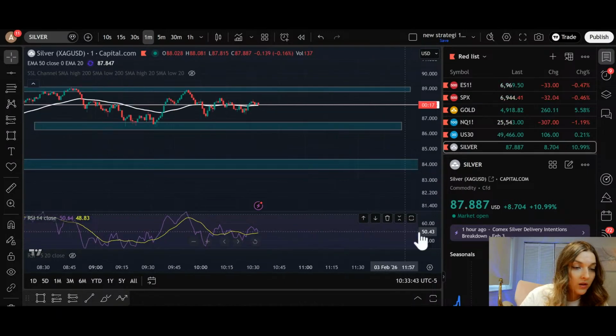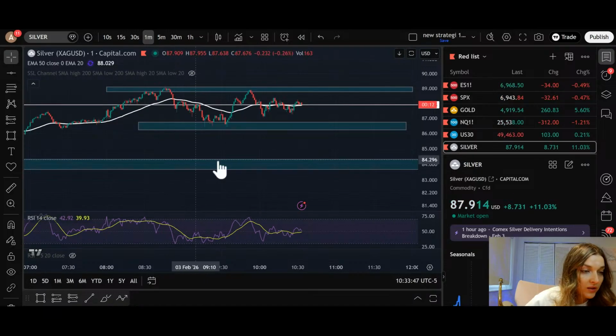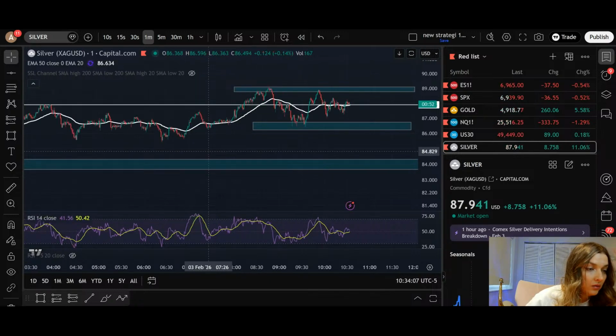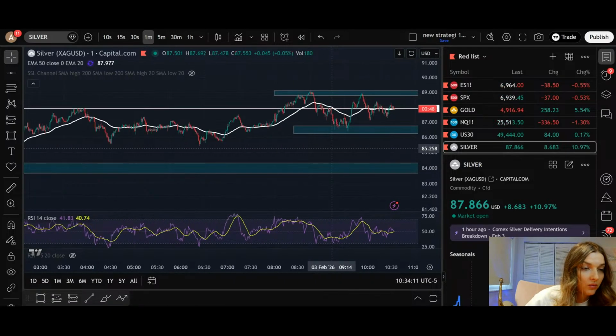Okay, you want to look for hidden divergence. For example, this is lower, but here is higher. On an uptrend, on a downtrend.